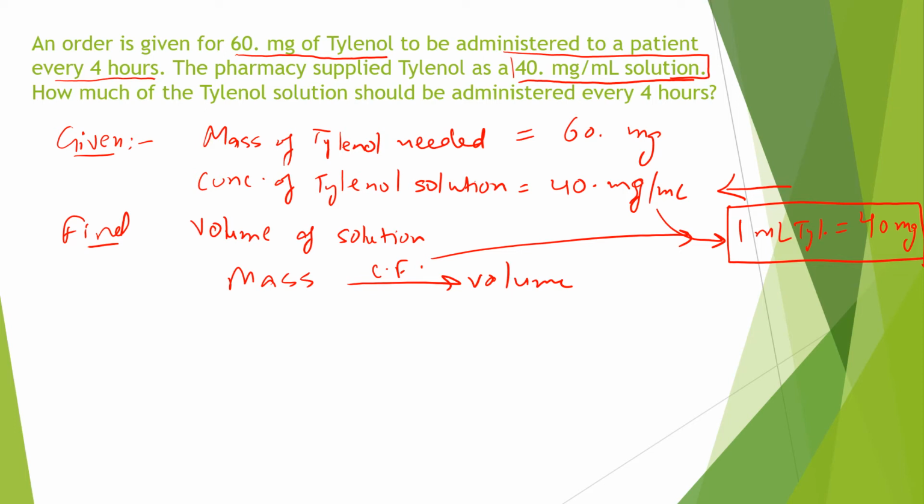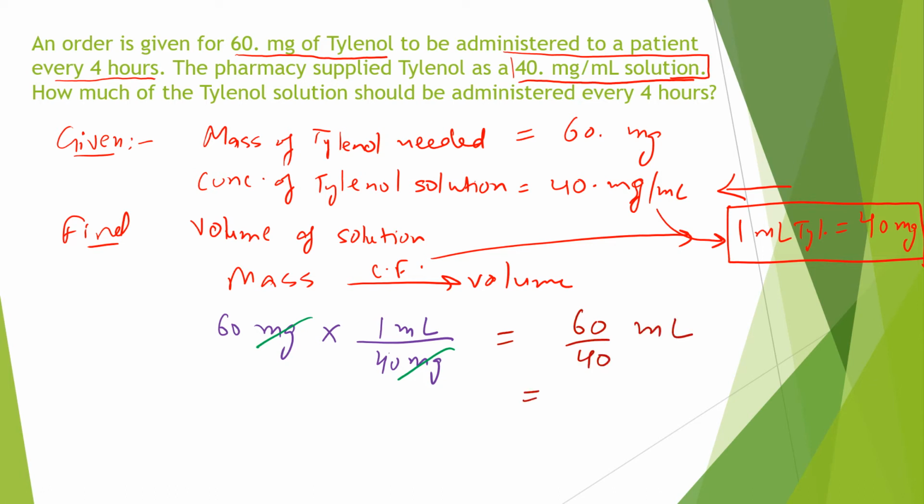So the mass given is 60 milligram multiplied by the conversion factor, 40 milligram down here, 1 ml up here. So milligram and milligram cancel. This will come out to be 60 divided by 40 ml, or 1.5 ml. So in other words, the patient would need to be given 1.5 milliliter of this solution every 4 hours.